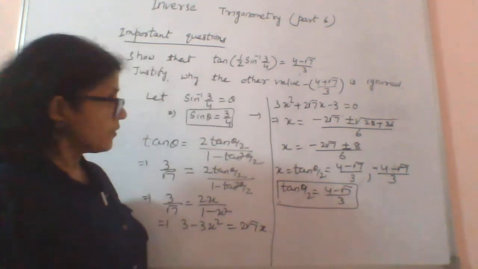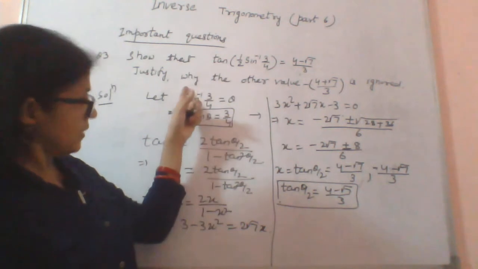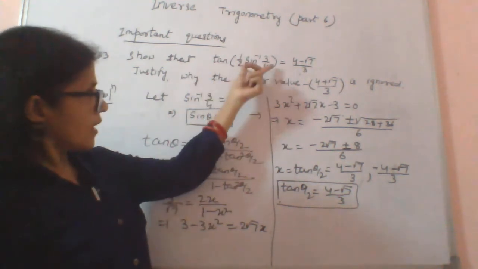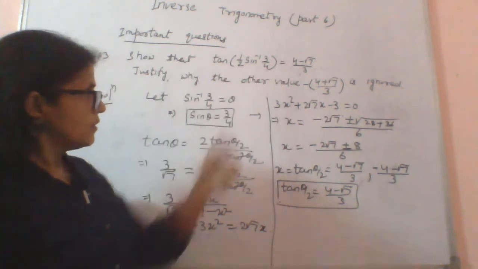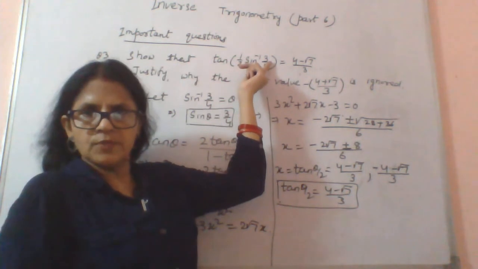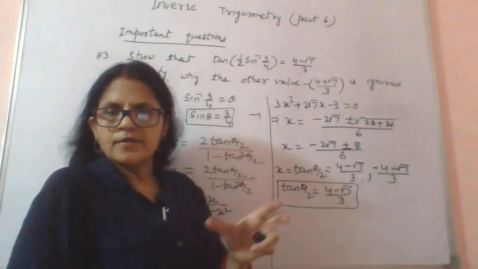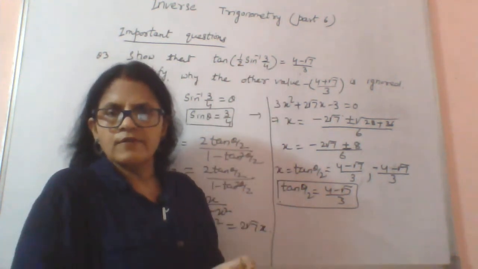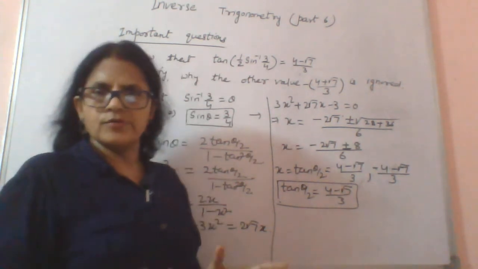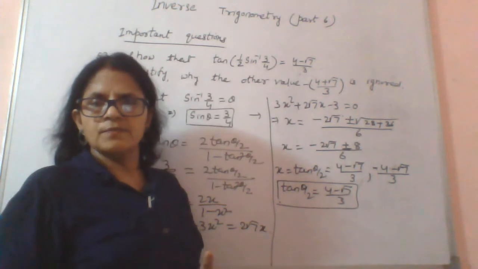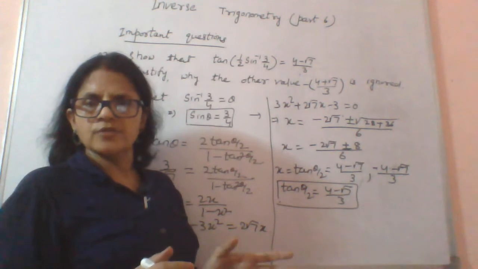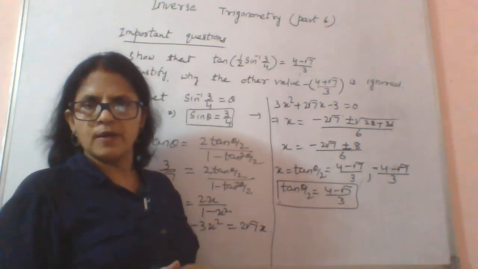Why is this ignored? It is because, just see, you have tan of this. As we know, sine inverse 3 by 4 is a purely positive quantity, right? And see, the sine inverse principal value is the closed interval minus pi by 2 to pi by 2. The tan inverse principal value is also that, but in this case it is the open interval minus pi by 2.